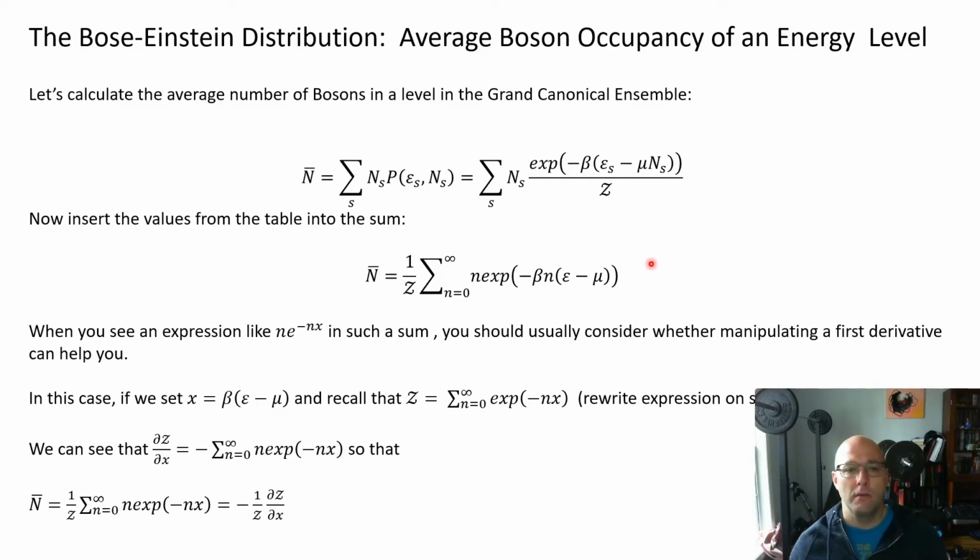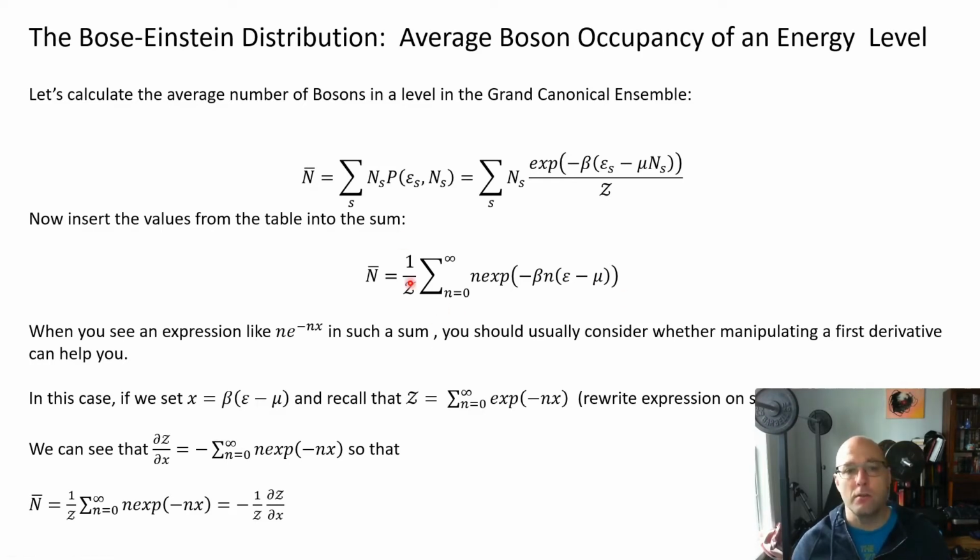If we look at this expression, this is one of the mathematical and theoretical tools that you're really supposed to learn from taking a thermal physics course. My assertion is that after you've had this course, when you see an expression like n e to the minus n x in such a sum, you should be thinking about connecting that to a first derivative as a possible tool for manipulating the sum to your advantage, right?